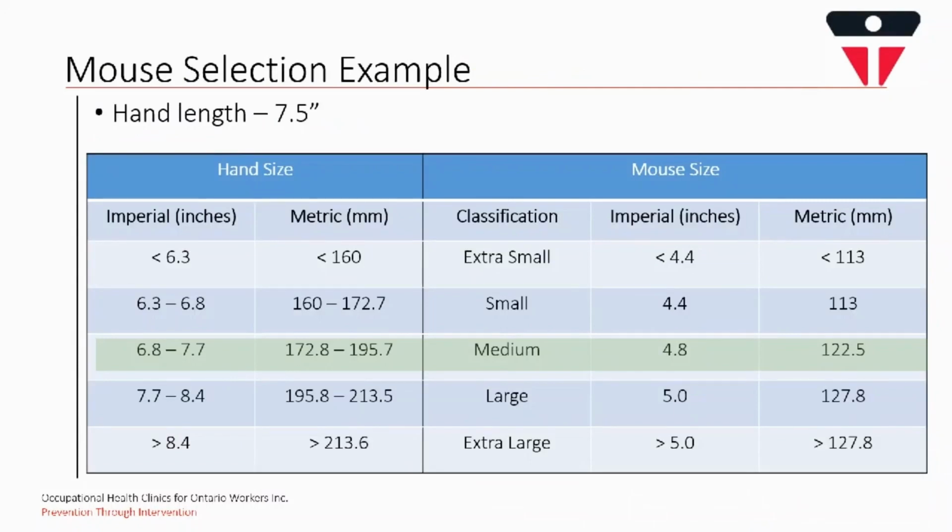A lot of them will have the size on it, whether it's extra small, medium, large, or extra large. You just have to check and also research as well. If you don't see it on a box, you can always go back and measure it yourself in the store. But a lot of the times when buying it online, they will state the actual dimensions of the mouse itself. So it is readily available, whether it's on the box or you may have to measure it. These are the standard lengths of mice that you will find on the market.